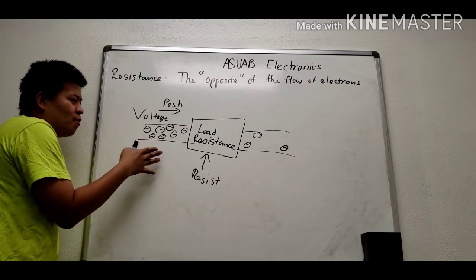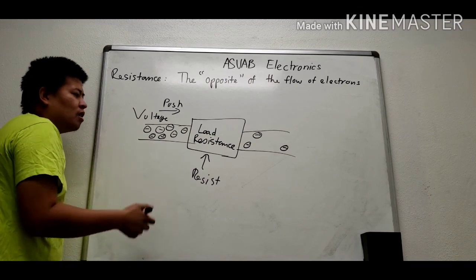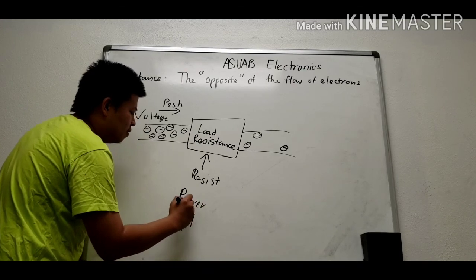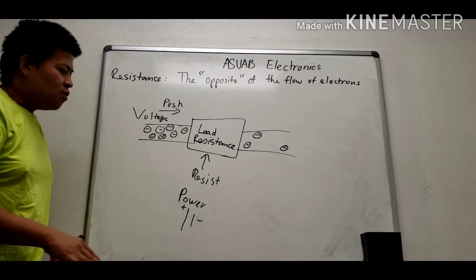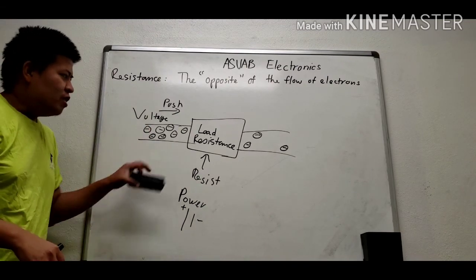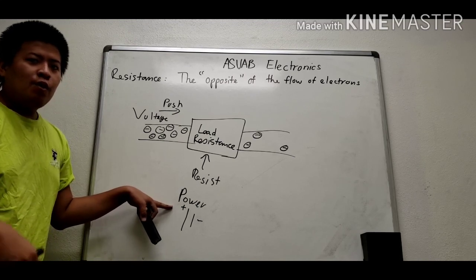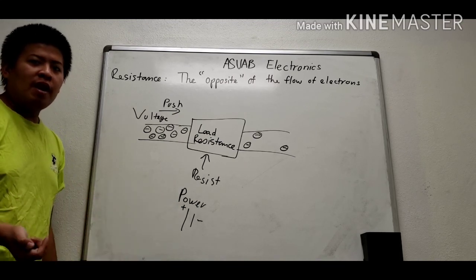This means that if we don't resist the flow of the electron, the power, this means the battery in here, will explode. That's why we need to have the resistance to reduce the flow of electron or the power in here. It will explode because too many electrons hit the positive area.